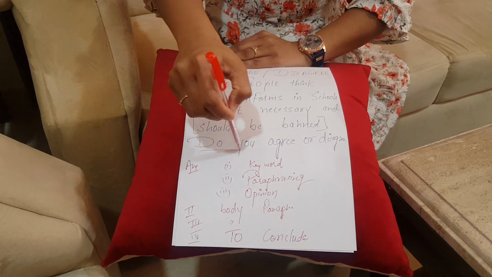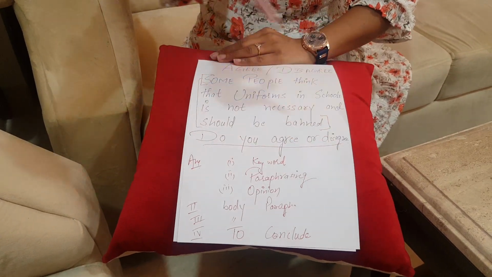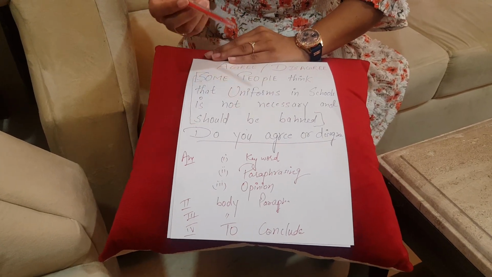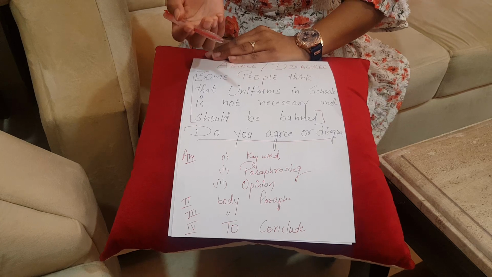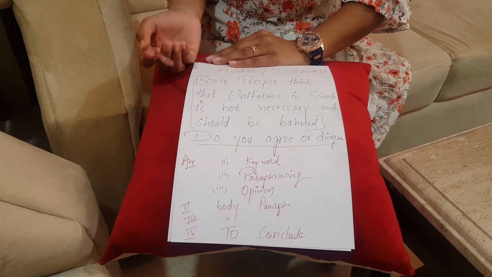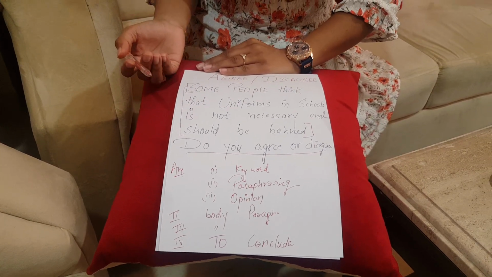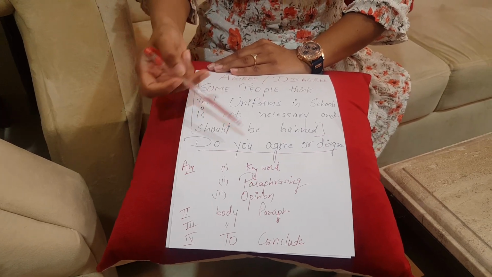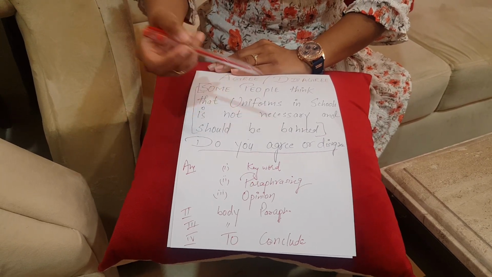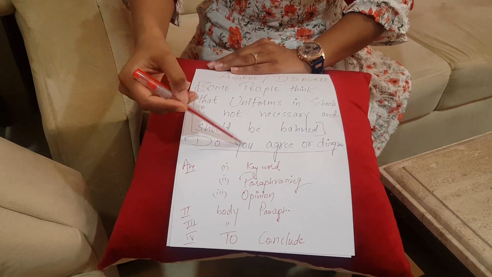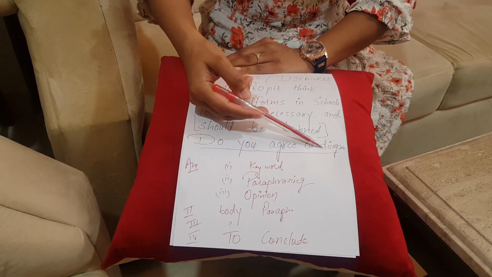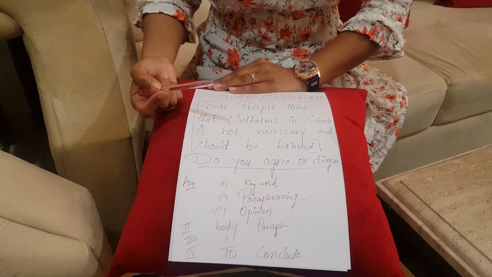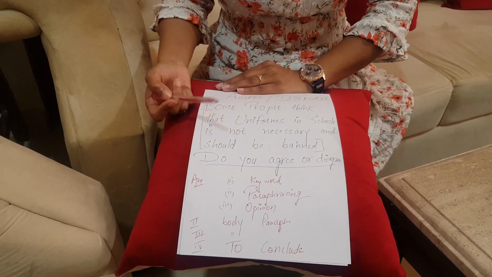and this is how you recognize a type of the question. Do you agree, disagree? In case you have watched my previous video, it was about is it positive or negative development. In that, the type was positive or negative development. Here it is written, do you agree or disagree? So, this is how you distinguish between the types of writing task 2.